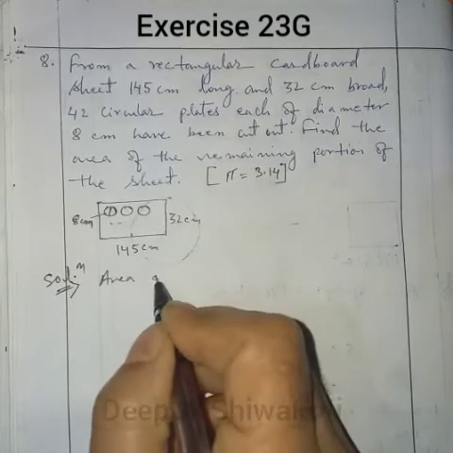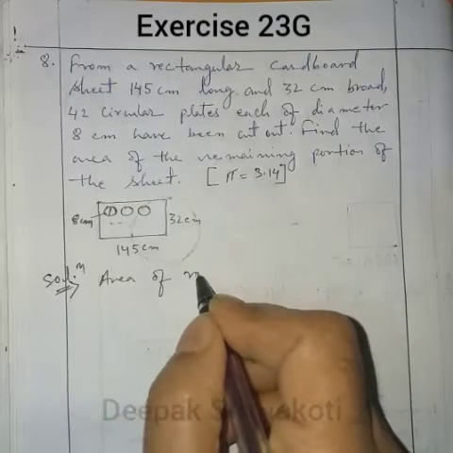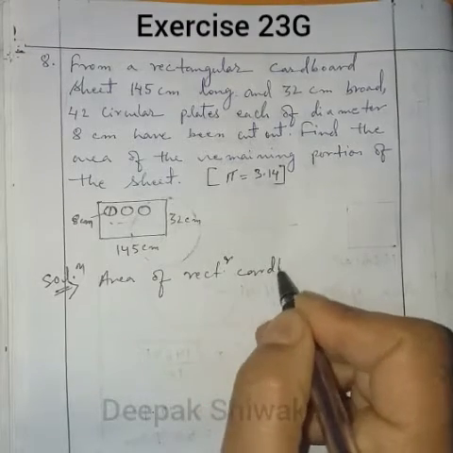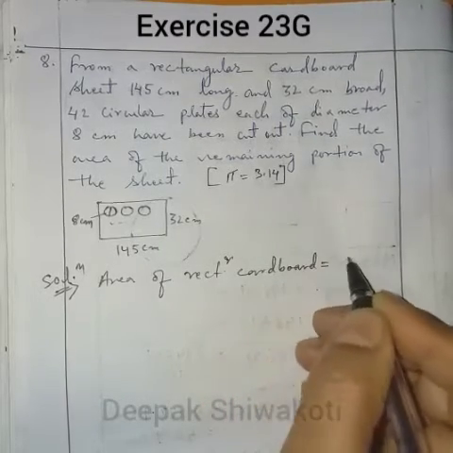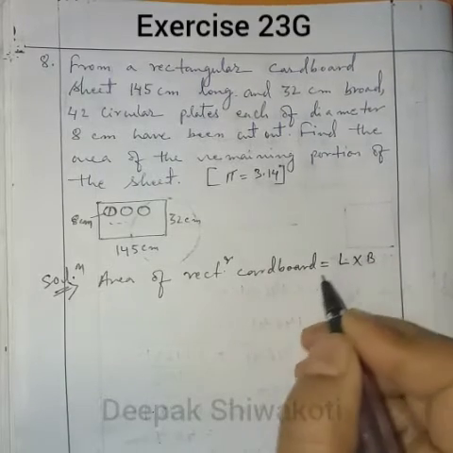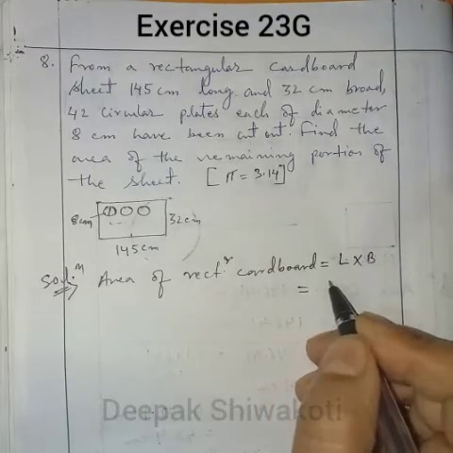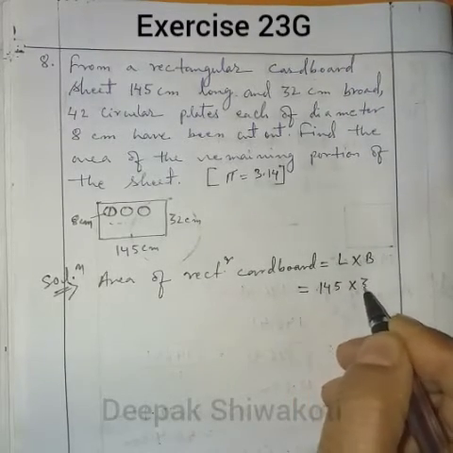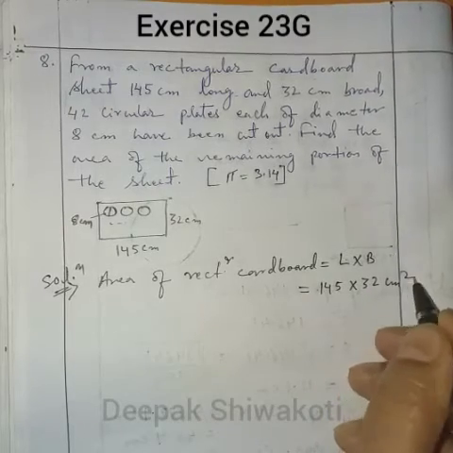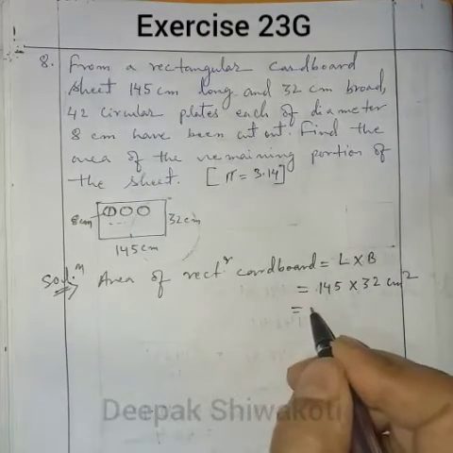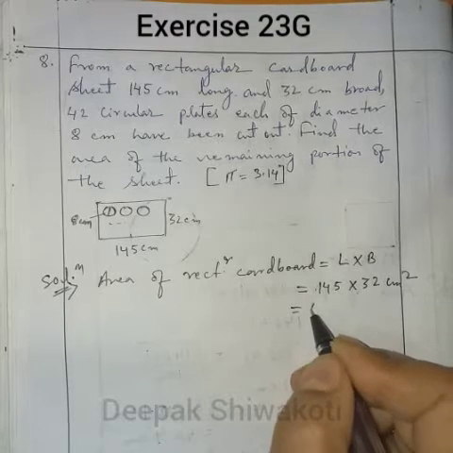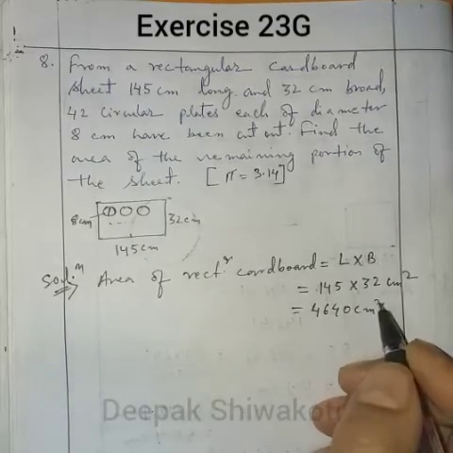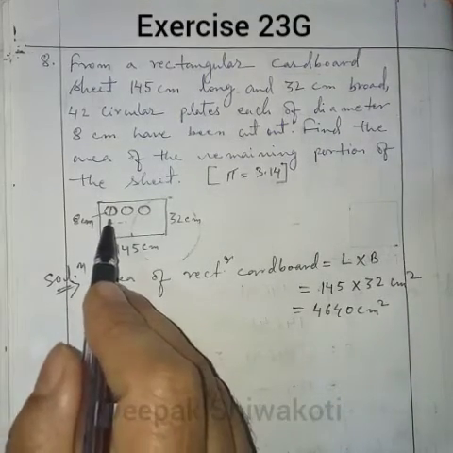Area will be equal to length into breadth. Length and breadth are given here, 145 centimeter into 32 centimeter. So area is in centimeter square. When we find the product of this, we'll get 4640 centimeter square.